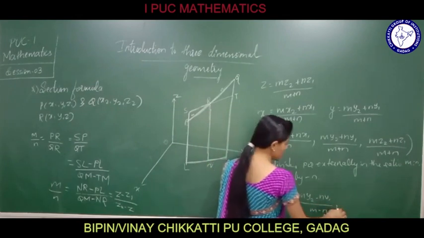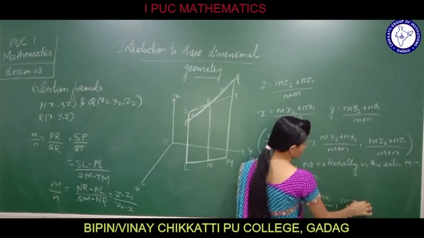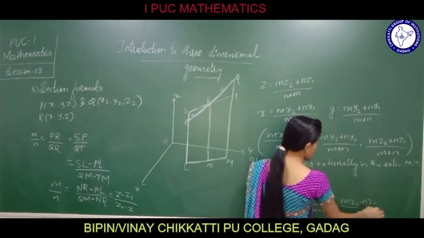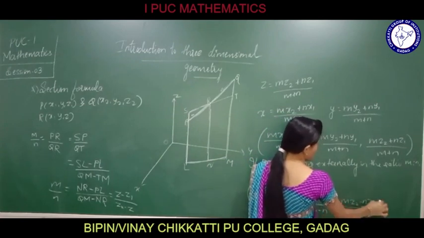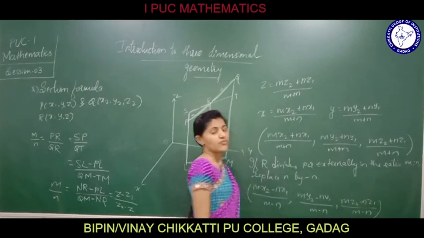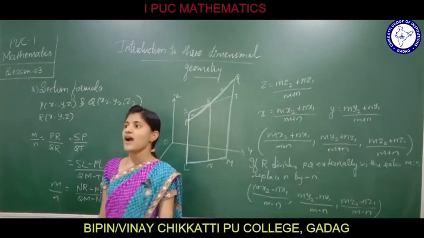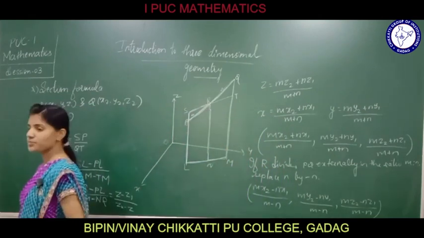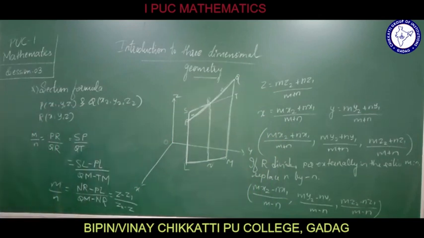Next, m into z2 minus n into z1 divided by m minus n. This is when R divides PQ externally. So we have found those coordinates when R divides PQ internally and externally.